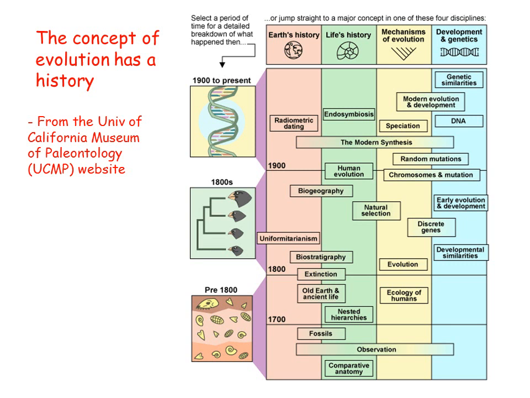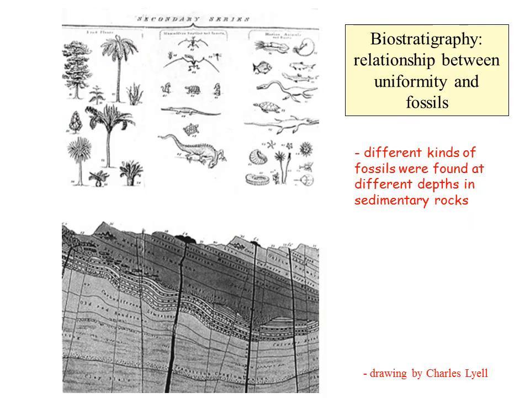Let's look at another concept that impacted evolution that emerged from geology. That is biostratigraphy. This is a field that integrates both geology and fossils, or the life sciences. Charles Lyell and other geologists of his era realized that there were different types of fossils that would be found at different depths or different positions within strata of sedimentary rock.